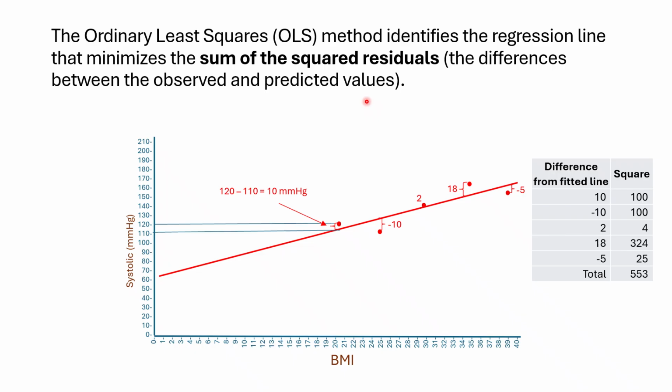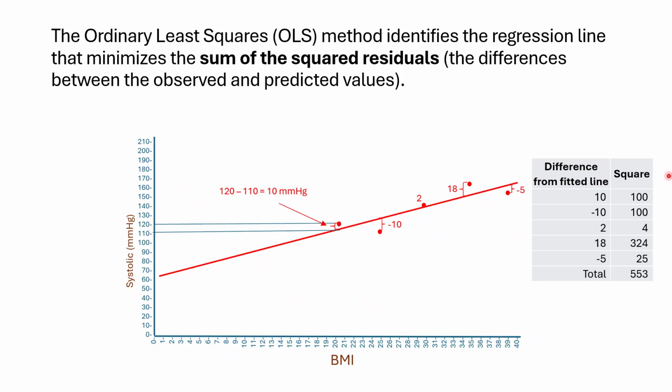For example, for this red line, which is predicting the values of systolic blood pressure at different BMI levels, we see that at almost 20 BMI, the predicted systolic blood pressure is 110, but the observed was 120. So there is a difference of plus 10 millimeters of mercury.